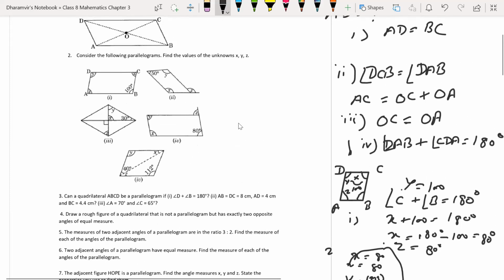Now, second, I hope you understand it well. Let's do the second figure also.